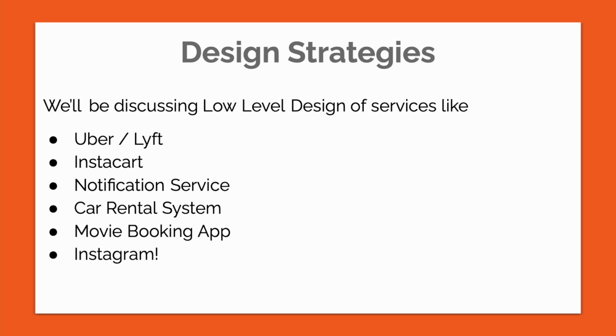We'll be looking at all these different applications, and these are things people get asked a lot in software engineering interviews, so it becomes very necessary to have a good grasp of these concepts. So stay tuned.